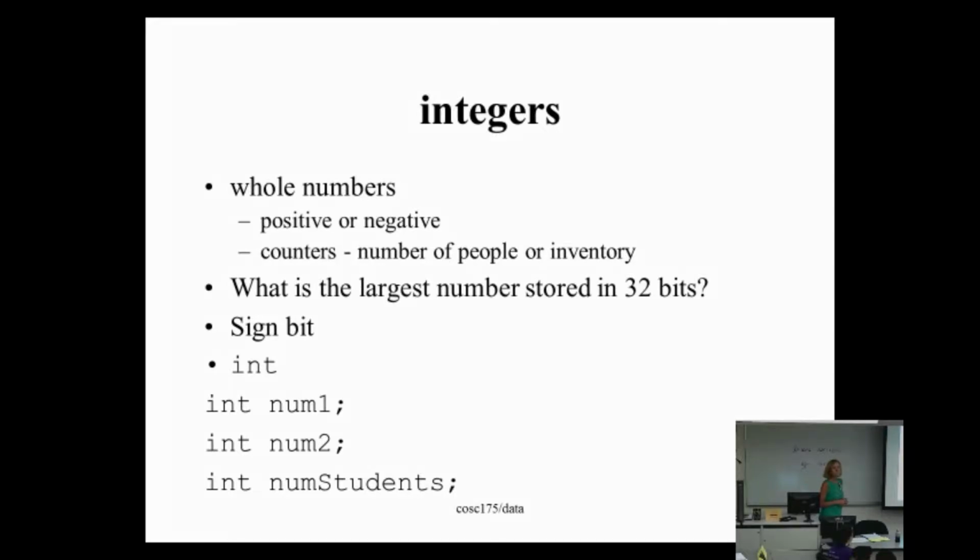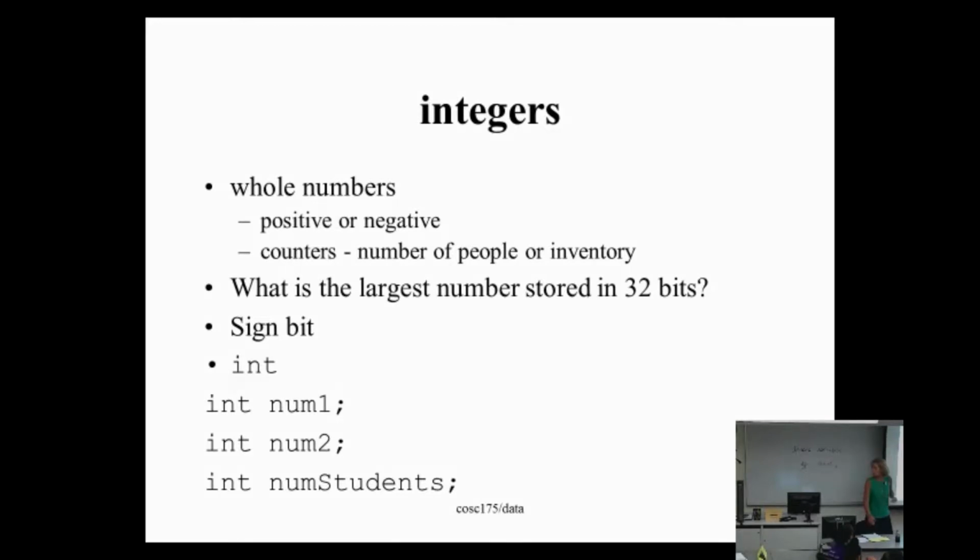When we declare something to be integer, we use the type int in C++. The same thing is true for Java. So given the guide that I gave you for declaring a variable, type name semicolon, this line right here declares a variable named what? Num1. The type of the variable is integer.